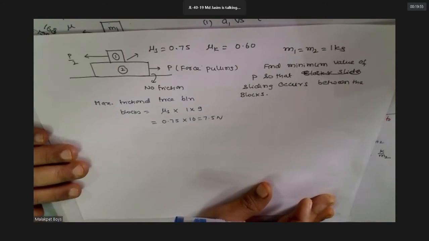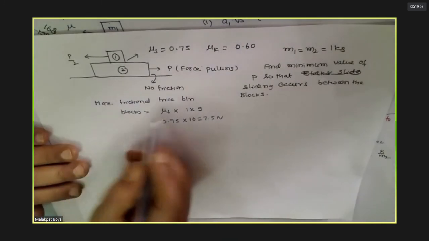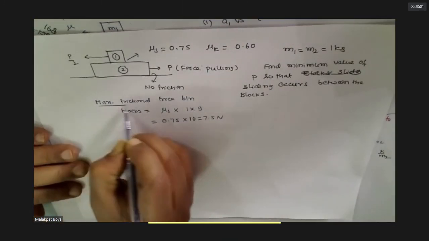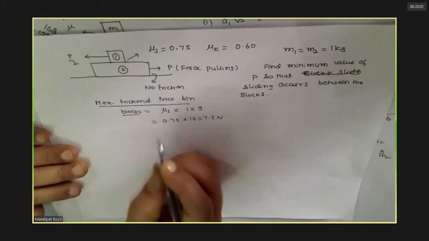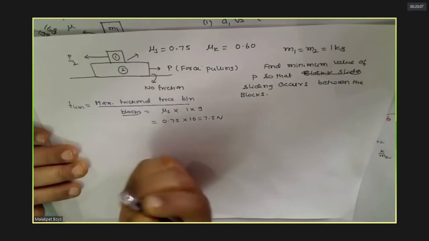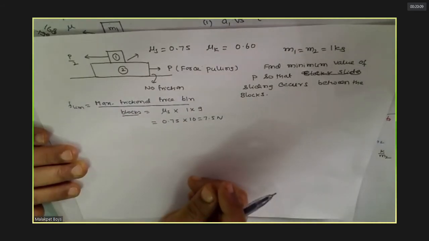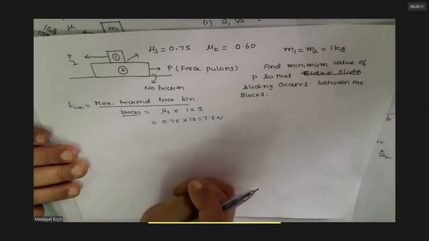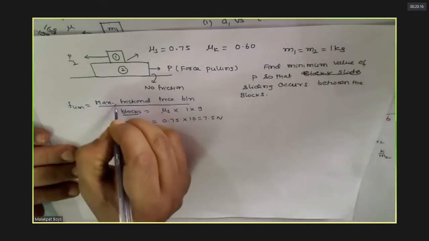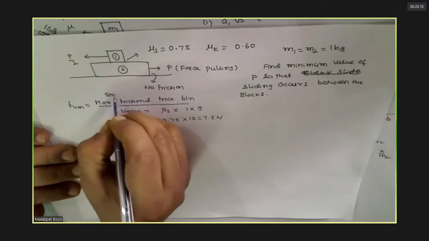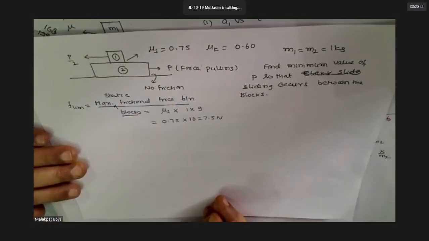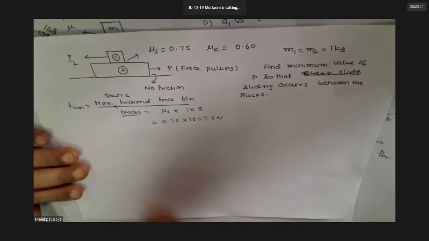Like limiting. No, no, this is the maximum it can have, I'm saying. Limiting friction is the maximum frictional force, no? Till which the blocks don't move. Till which the static friction, the maximum static frictional strength. Now do you agree? Yes, sir, agree, sir. Now only I understood.